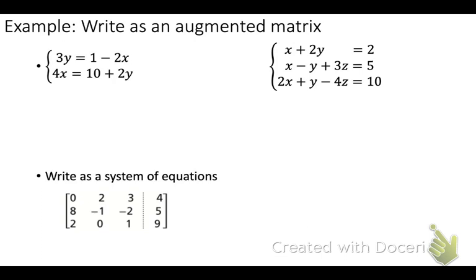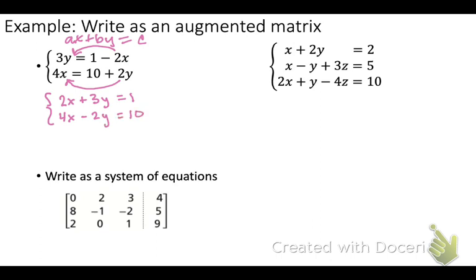It needs to be ax plus by equals a constant, yes? So I need to do that. So I would add the 2x over there, right? So I have 2x plus 3y equals 1. And on this one, I would subtract the 2y. So 4x minus 2y equals 10.